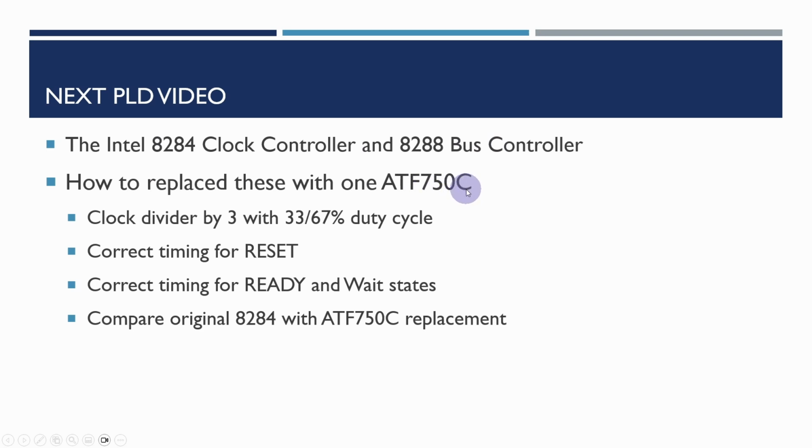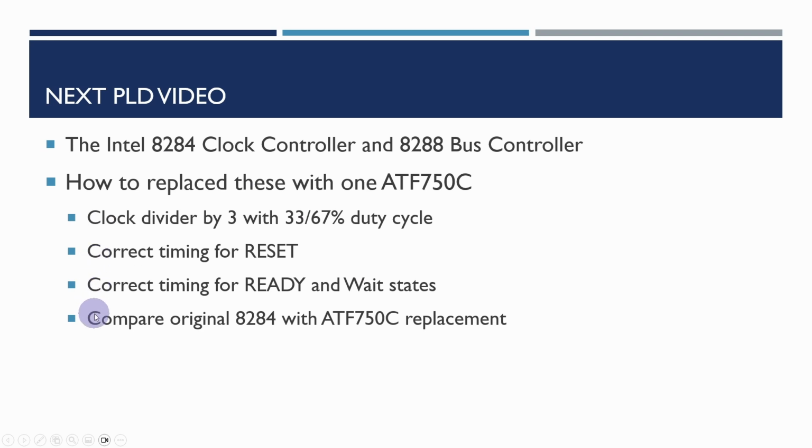So the things we're going to need to be able to do is take in the input clock. The original PC clock was 14.317 megahertz, and you need to divide that by 3, but with a 33/67 duty cycle. We need to ensure that there are the correct timings for reset. We need to ensure there's the correct timing for the ready output, which also handles wait states for slower devices and memory.